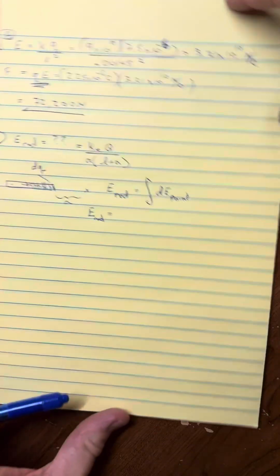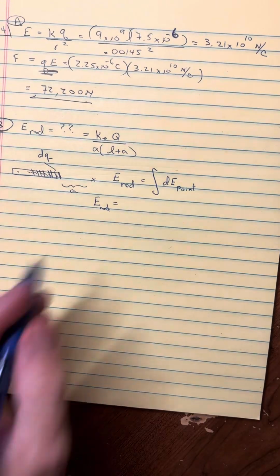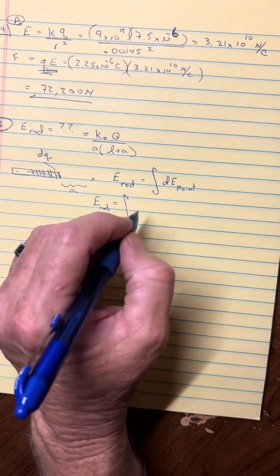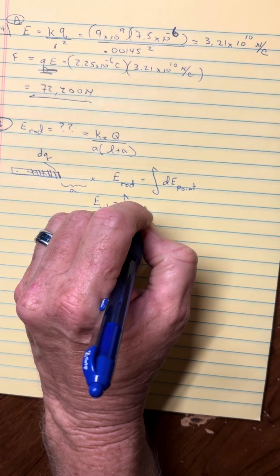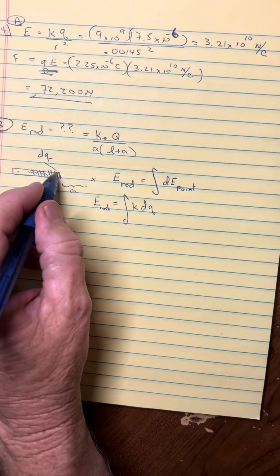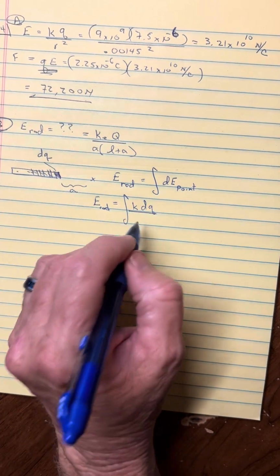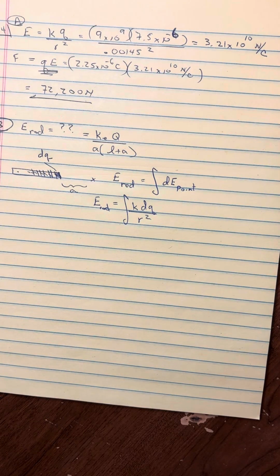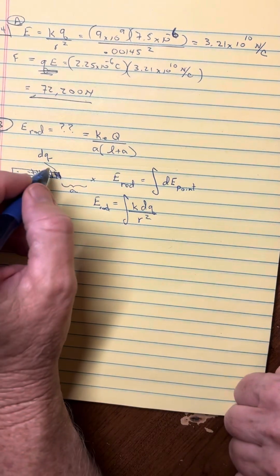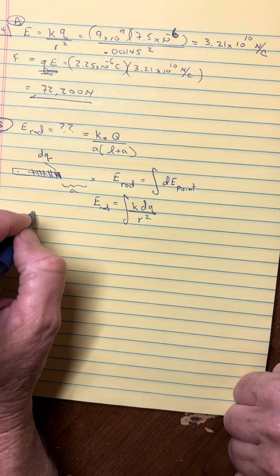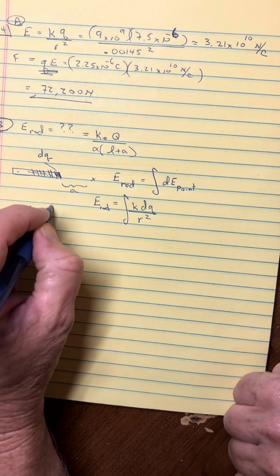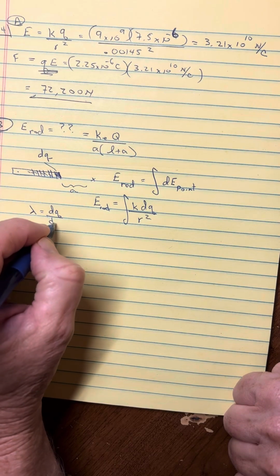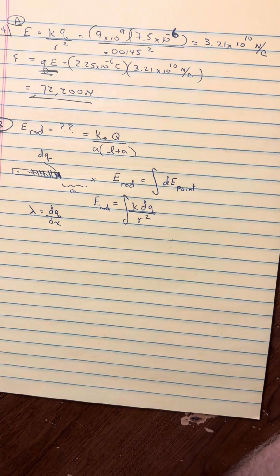And I'm going to just say the same thing here, that I could take the equation for a point, and if I think of a little point of charge as being dq, it's some distance away. If you're going to add up a bunch of them and it's evenly distributed, we can use that idea of lambda again. A little bit of charge over a little bit of length.